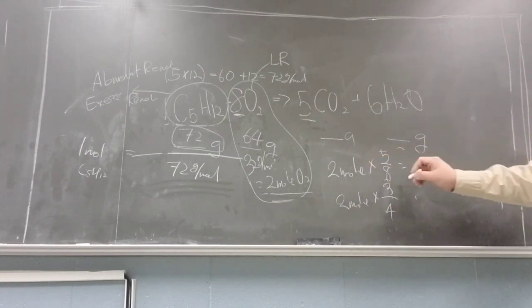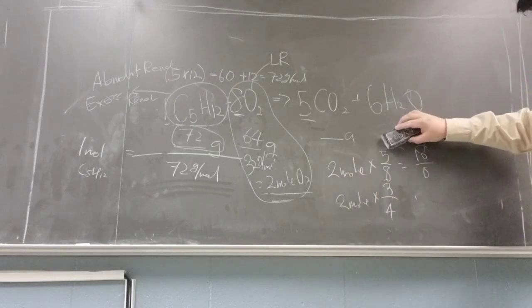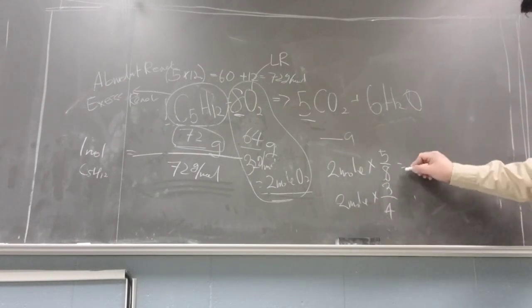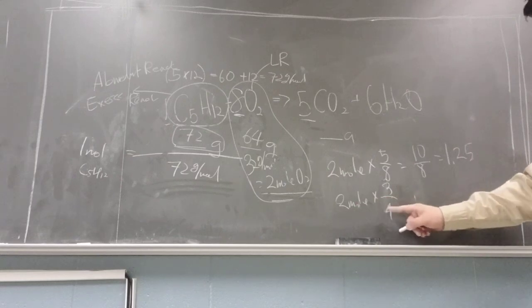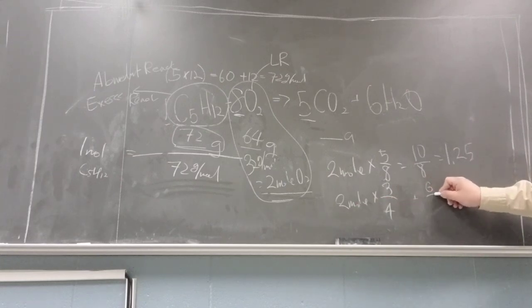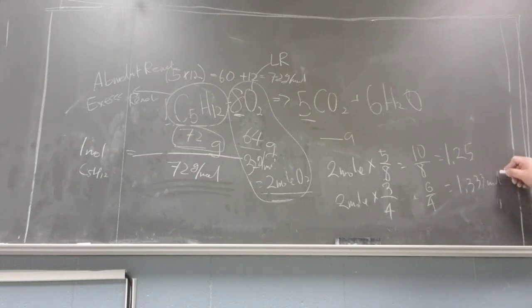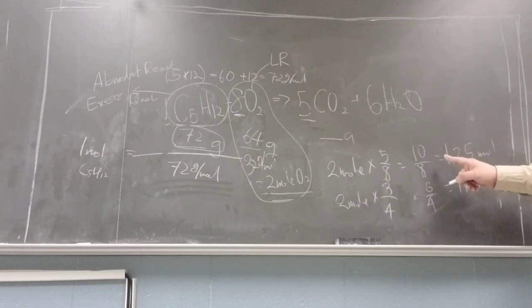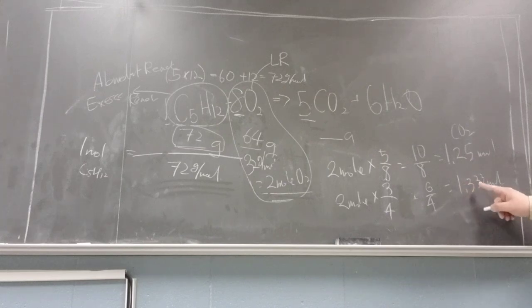So then this will become 10 over 8, which I think is 1.25. And this will become 6 over 4, which is 1.3333 moles. Meaning you're going to have 1.25 moles of carbon dioxide. You're going to have 1.3333 moles of water.